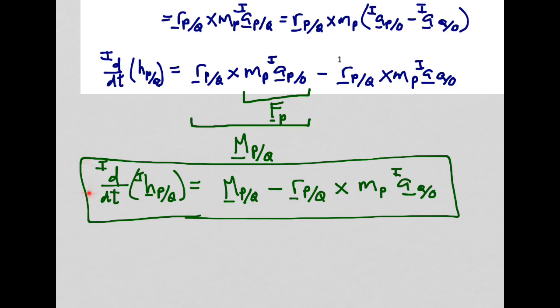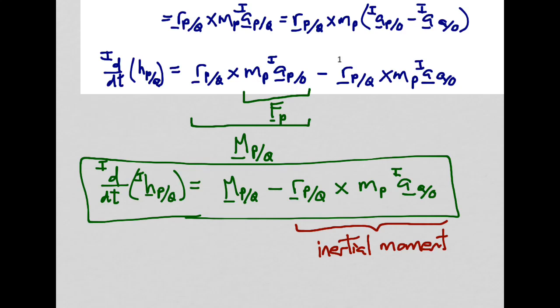So notice here that this left-hand side looks just like what we did in lesson 13, where the time differentiation is equal to a moment. But we've got this extra term, and this extra term looks just like a moment as well. And so it even has a name. It's a corrective factor that's called an inertial moment.